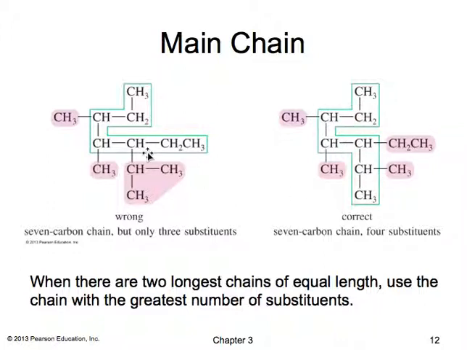Based on these two structures, which one is the correct structure? We choose this one because you have 1, 2, 3, 4 substituents off this main chain, whereas in this case you have 1, 2, 3 substituents off this main chain. As a result, this is the main chain that you want to use, and you want to name accordingly.